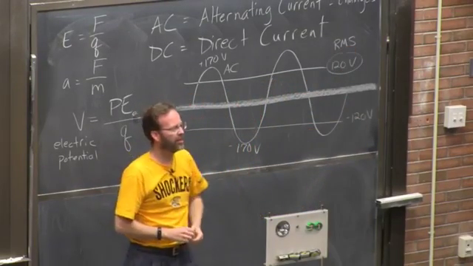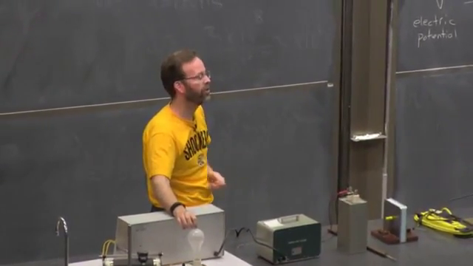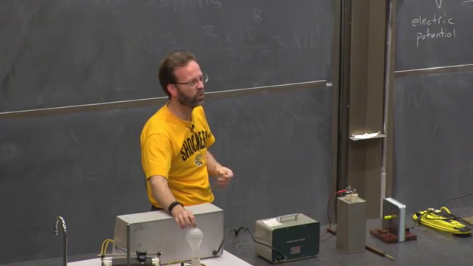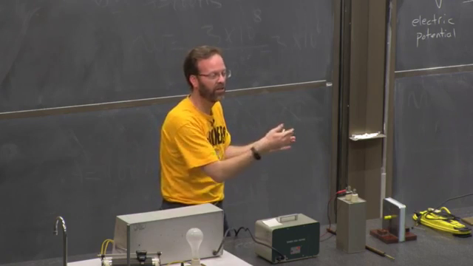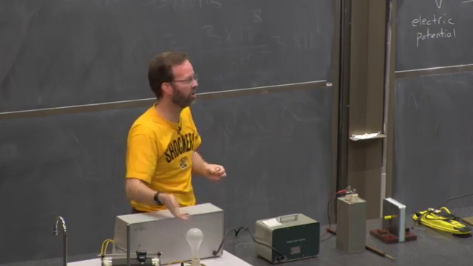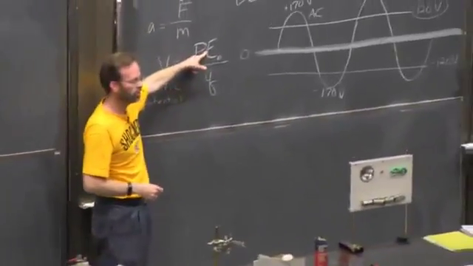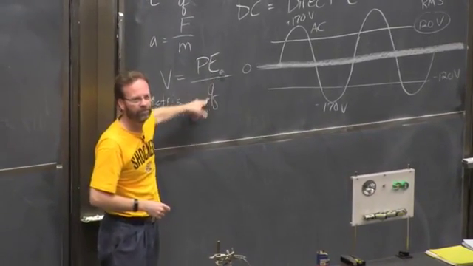So you could light up this light bulb with 120 volts AC or 120 volts DC. This one will work. Even though in one it's always going in the same direction, DC, and in the other it's always alternating, AC, the filament doesn't care as long as it's getting 120 volts, 120 joules per coulomb of charge. Yeah?